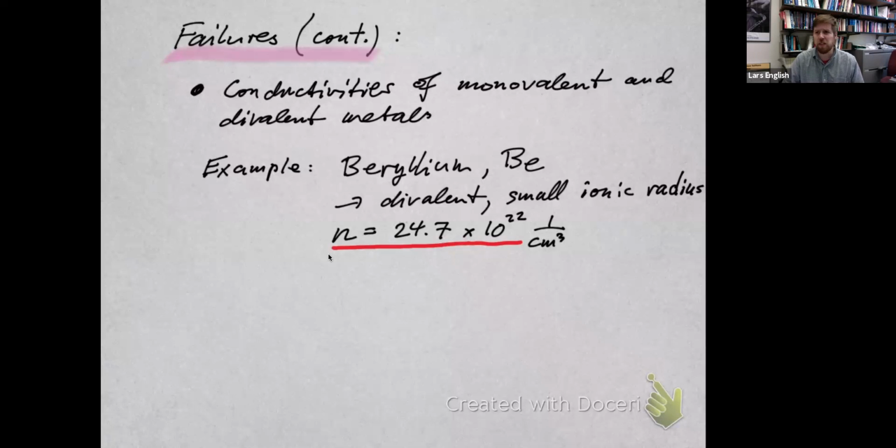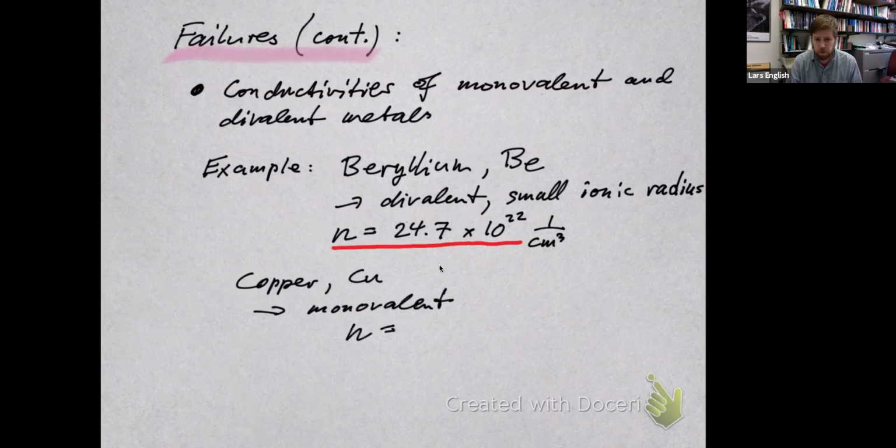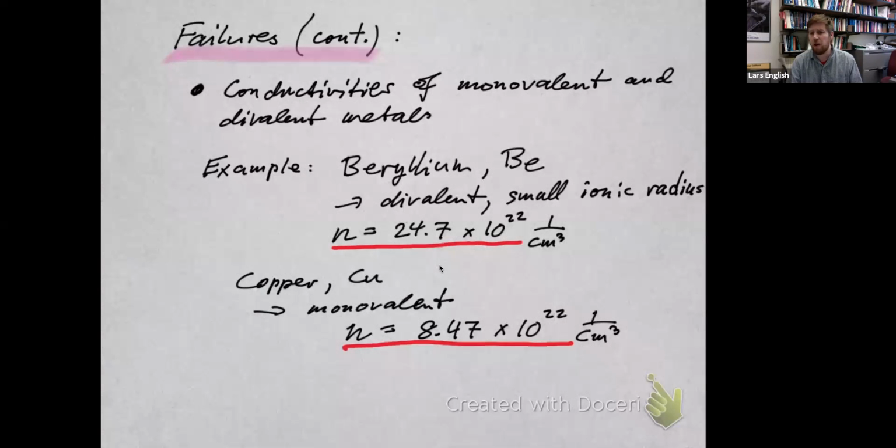It's one of the highest ever. It's 25 times 10 to the 22nd conduction electrons per cubic centimeter. So that's a very large number. And if you compare that to copper, which is a monovalent metal, there we get a number density of charge carriers that's much less. It's only about 8.5 times 10 to the 22nd per cubic centimeter.